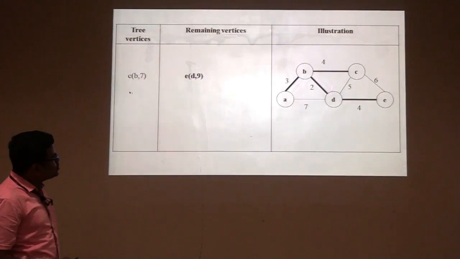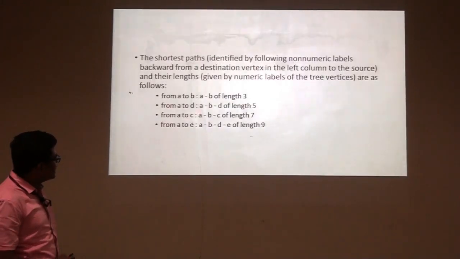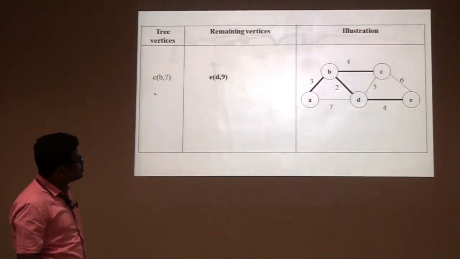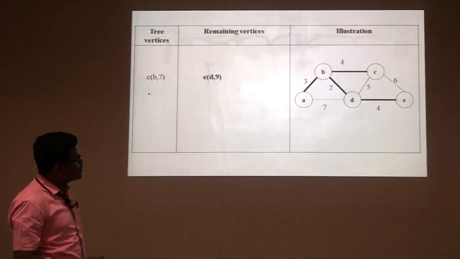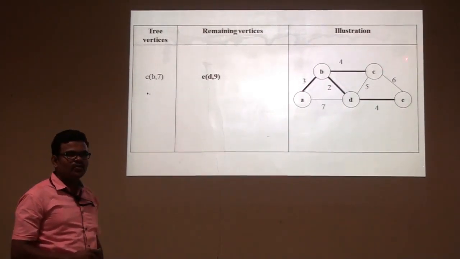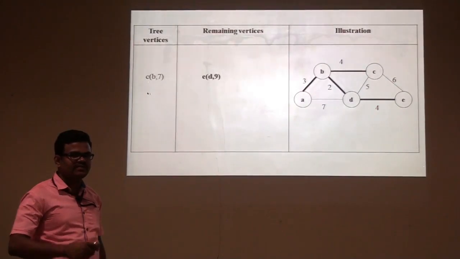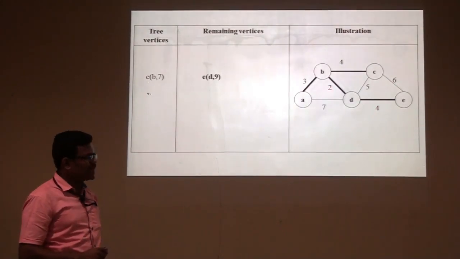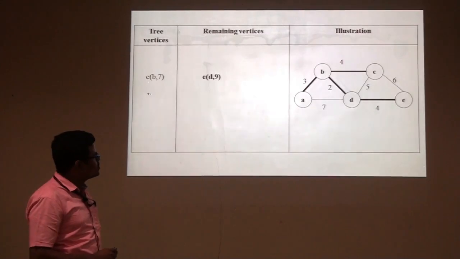Next is the path A to B and B to D of length 5. A to B costs 3 and B to D costs 2. When we go from one vertex to another and another, we sum their edges, so 3 plus 2 is 5.